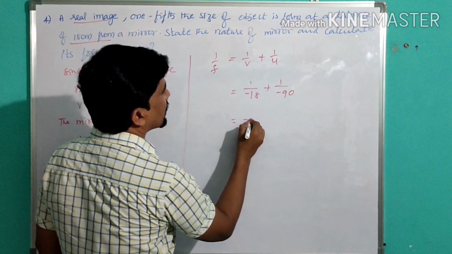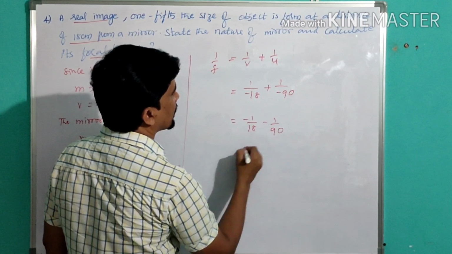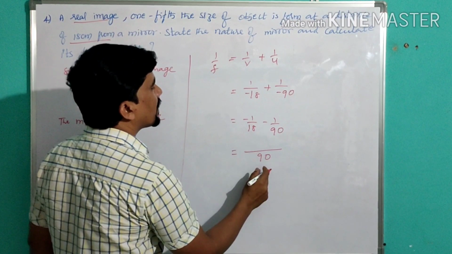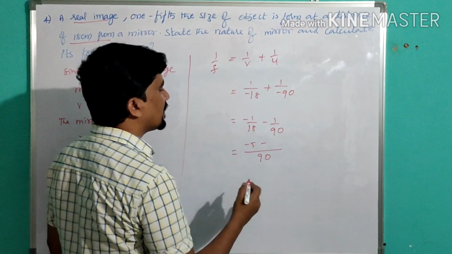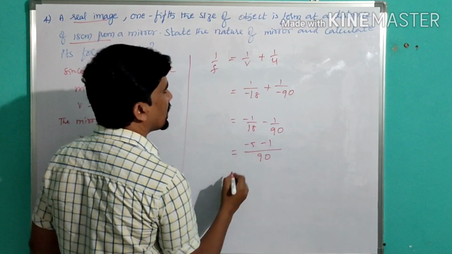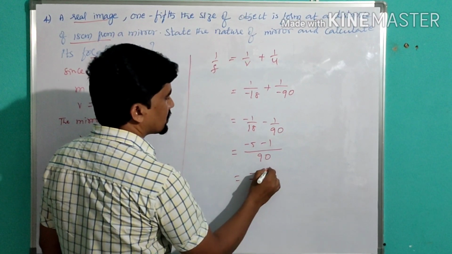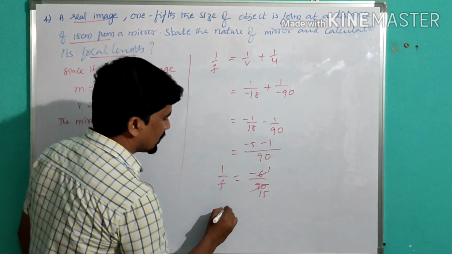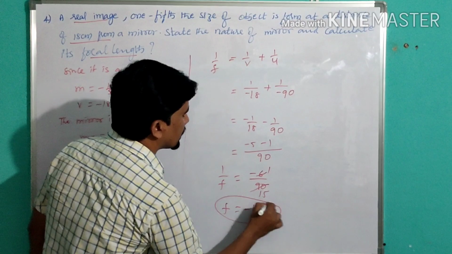This can also be written as minus 1 by 18 minus 1 by 90. 18, 90, LCM 90. 18 5s are 90, so 5 into 1, 5, minus is there. 90 90, 1 time 1 into 1, 1. Minus 1 minus 5, minus 6 by 90. 6 1s are 6, 6 15s are 90. This is 1 by f. Therefore, f equals minus 15 centimeters.